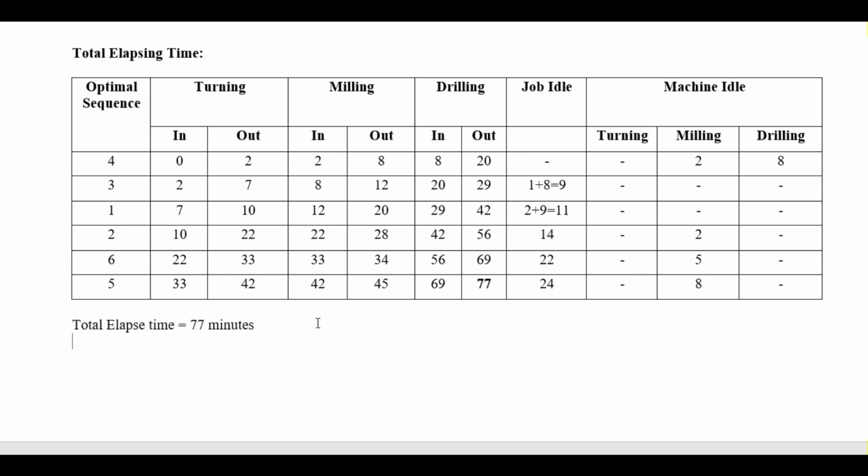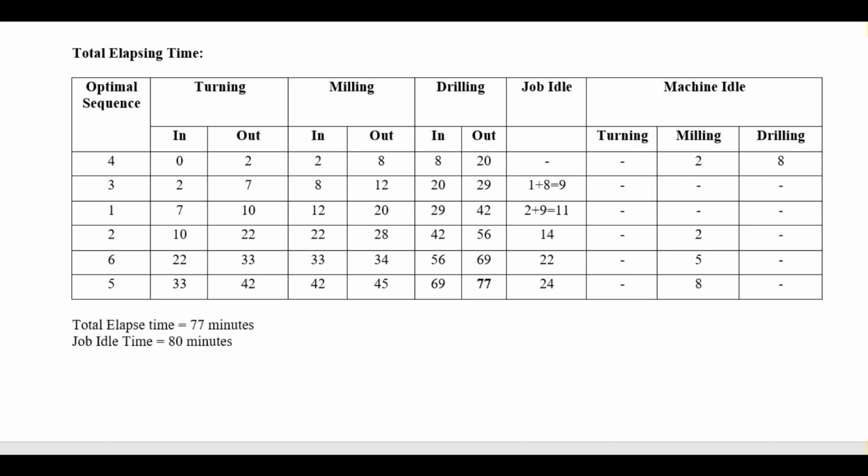And the job idle time. The job idle time equals, so add all those things: 9, 20, 34, 34, 56, 56 plus 24, sorry, 56 plus 24, this is 80 minutes.